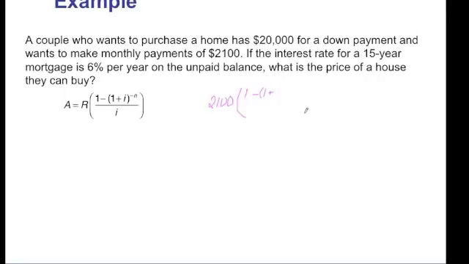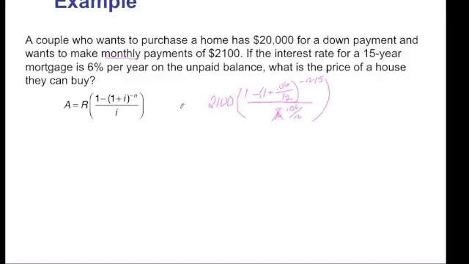The annual interest rate is 6%, so that's 0.06. And they're going to make monthly payments, so that's 12 payments a year, raised to the negative N, which is 12 payments per year times 15 years. We have that all divided by the periodic interest, which is 0.06 divided by 12. That's the formula we're using.